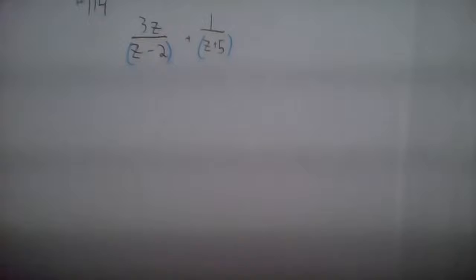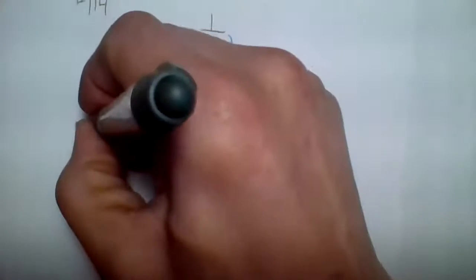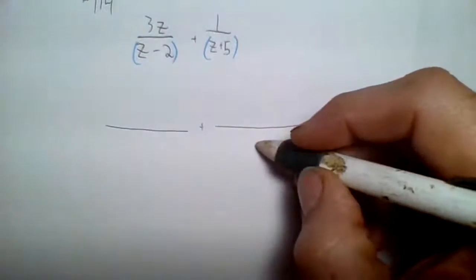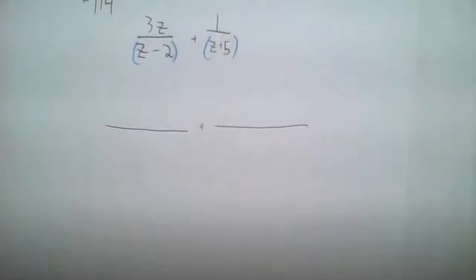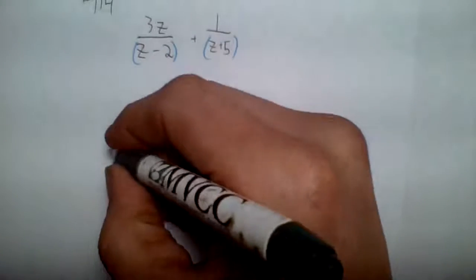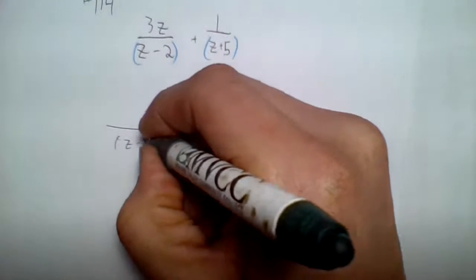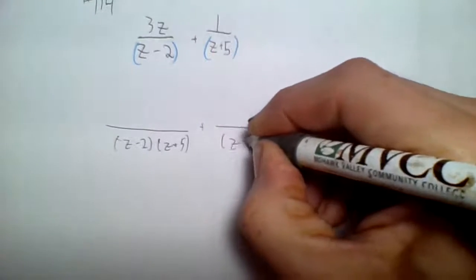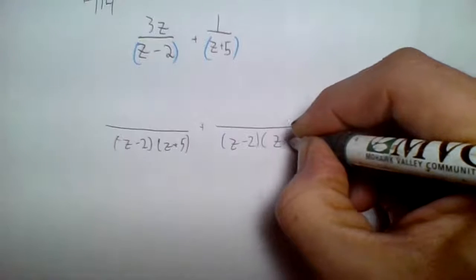So if they're completely different here, then my common denominator is going to have to include both of those factors. The only thing I can turn both of these into to make them like fractions is I'm going to have the same thing here, but it's going to have to contain both of those factors. So really this has to become z minus 2 and z plus 5. Both of these have to become z minus 2 and z plus 5.